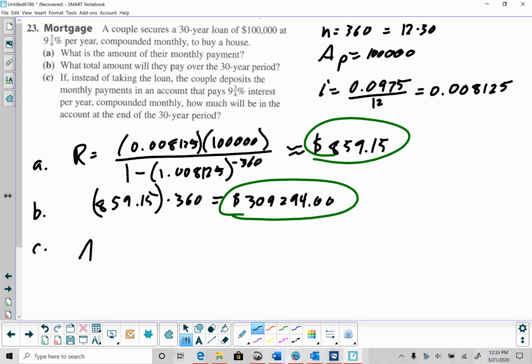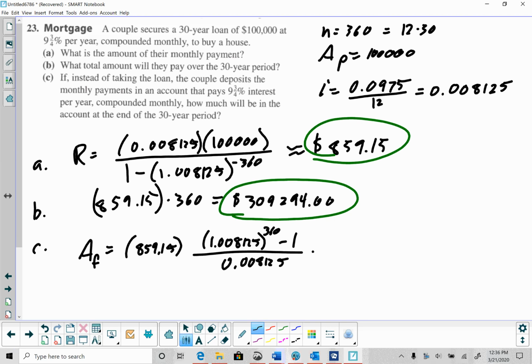So we're looking for the final amount. If we take the 859.15, the regular payments, we'll take 1.008125 to the 360th power minus 1 over the interest, 0.008125.